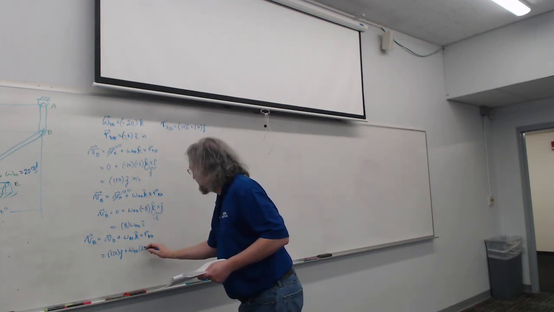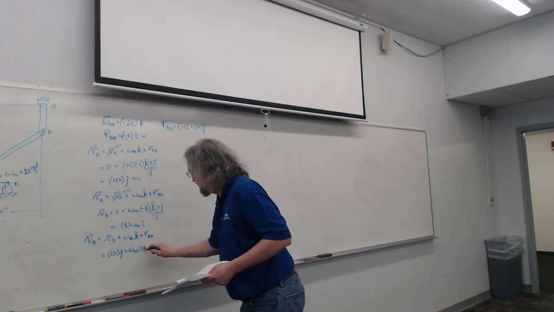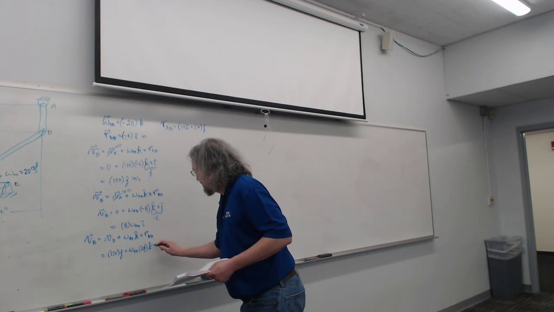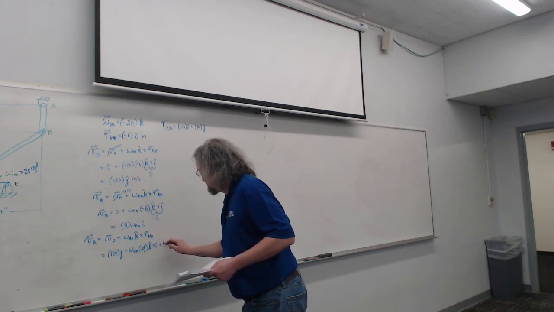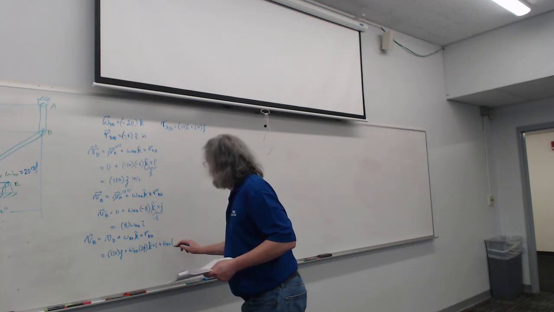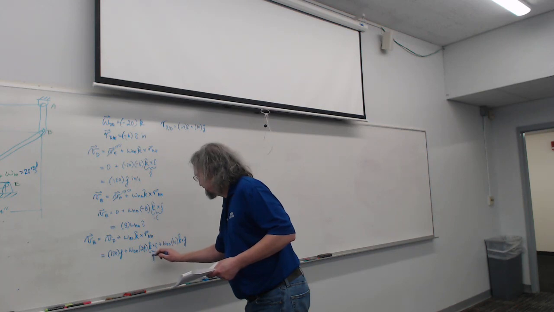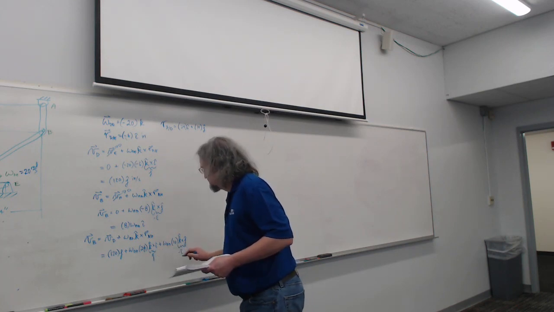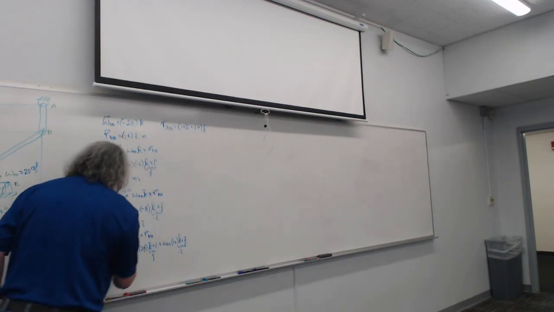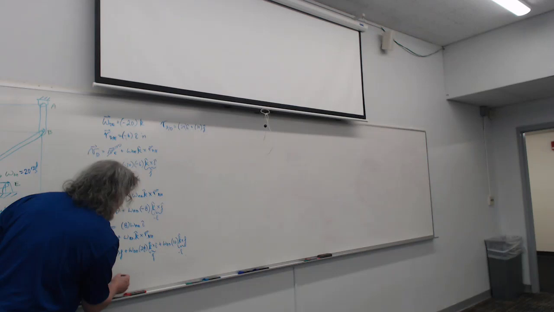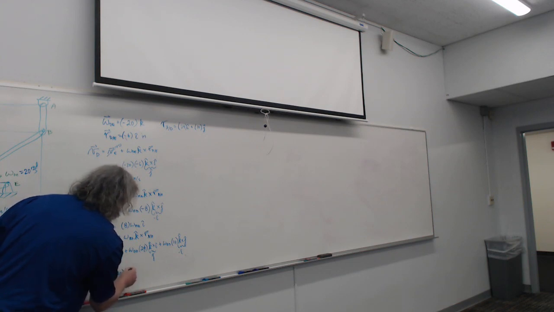So you could go 24K crossed with I plus omega BD, and I'm going to go 10K crossed with J. We know that's J. We know this is negative I. So we're going to have negative 10 omega BD I.